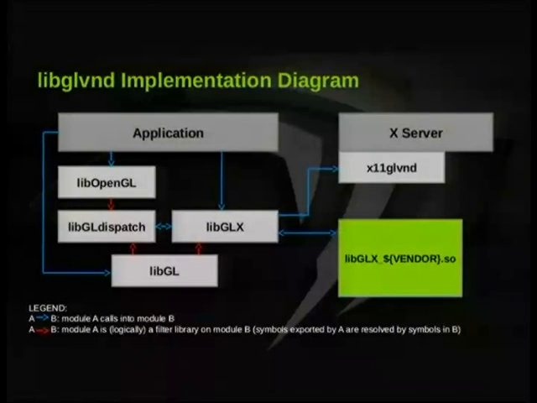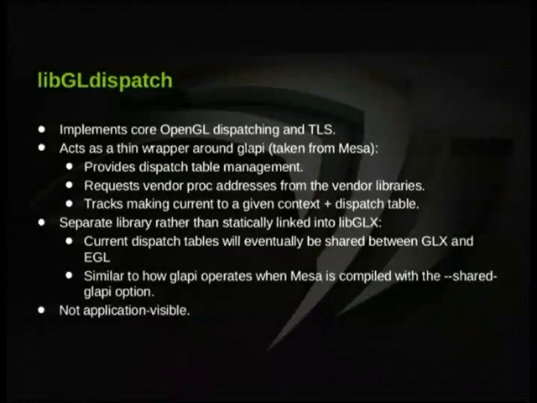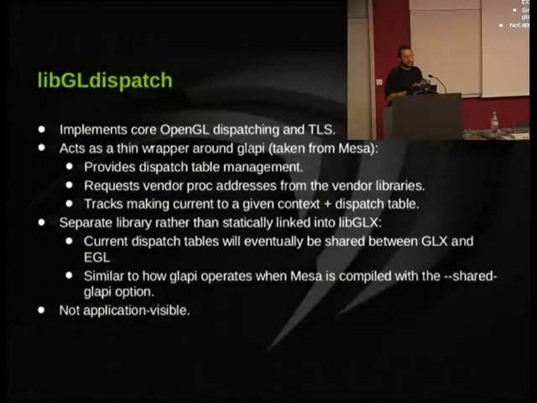And in the next slide, we'll talk about what GL dispatch is. So this shared object implements the core of the OpenGL dispatching and manages thread local storage. It's based on GL API that Brian took from the Mesa implementation. Dispatch table management.